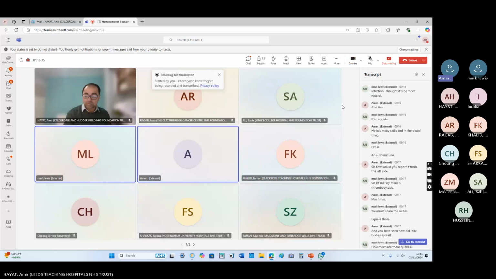You will have a microscope in front of you. Yes, you have 10 slides for short cases, and then you have 3 sets of slides for long cases.